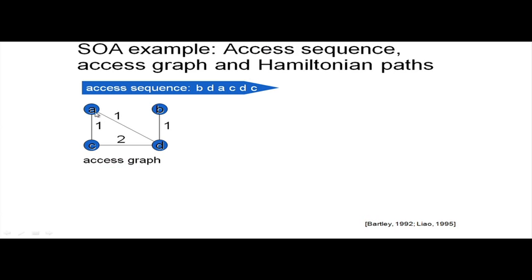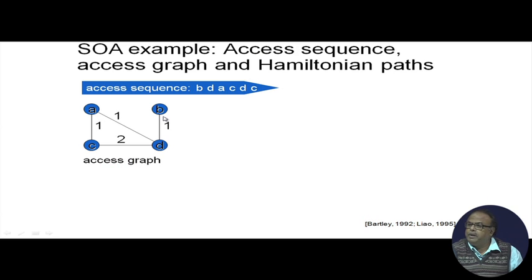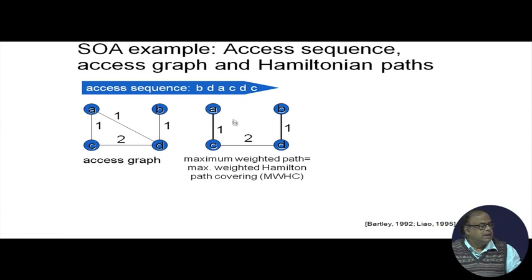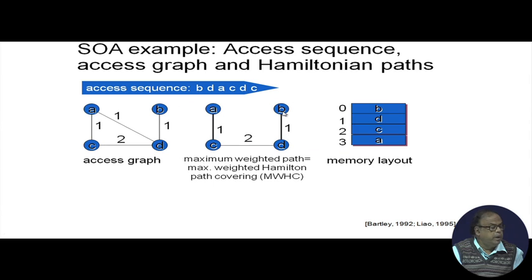So, for that this adjacency graph will be helpful, and for that I will find out the maximal adjacent graph, and that will be this here, maximum weighted path. You can think of a Hamiltonian path covering also. So, we get this, and this is exactly what we were doing here.